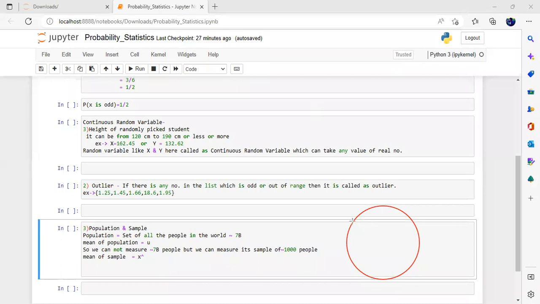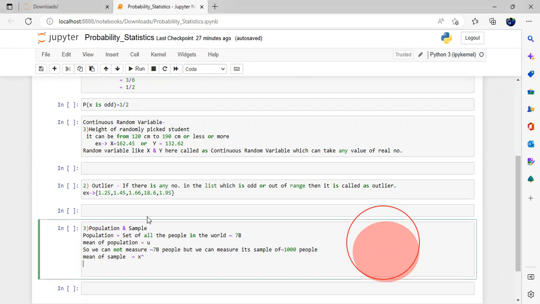If you are increasing your sample size, the mean of sample will come nearly to the mean of population. If your sample size is less, your mean is less. If your sample size is increasing, it is coming closer to the mean of your population.